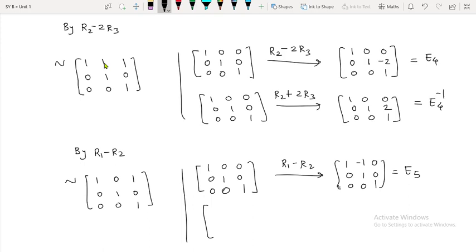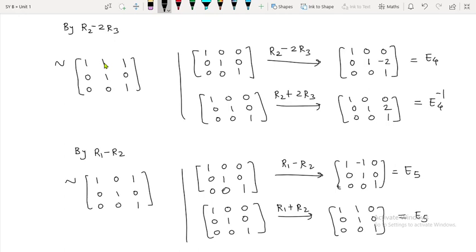Now what will be E5 inverse? 1 0 0, 0 1 0, 0 0 1, and the operation will be R1 plus R2, and this will be 0 1 0, 0 0 1. So 1 plus 0 is 1, 0 plus 1 is 1, this will be 0, and this is your E5 inverse.